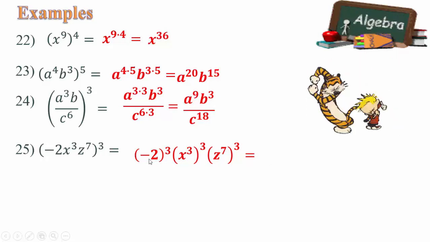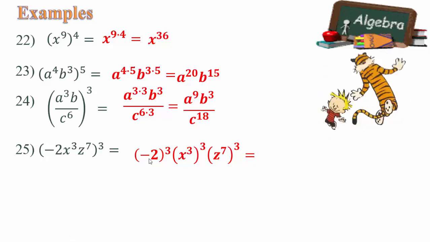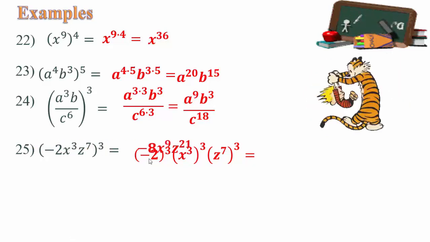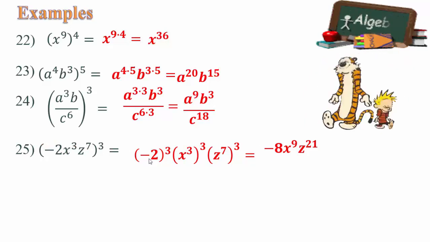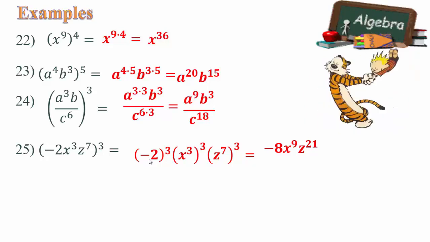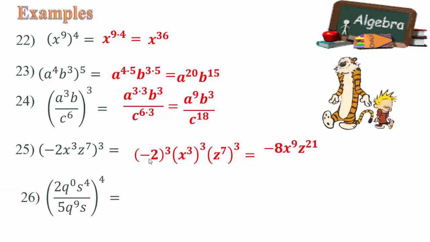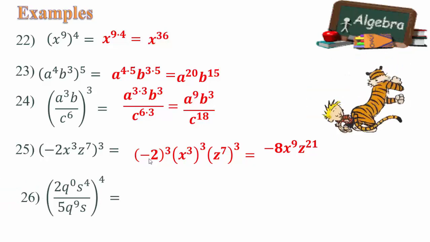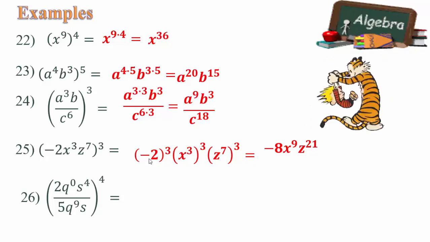Remember, negative 2 times negative 2 is positive 4, and then positive 4 times negative 2 will give us negative 8. And then, of course, the x is 3 times 3 is 9, and the z is 7 times 3, which is 21. In example number 26, here we have something a bit more complicated, so I'm going to work this out on the whiteboard for you.